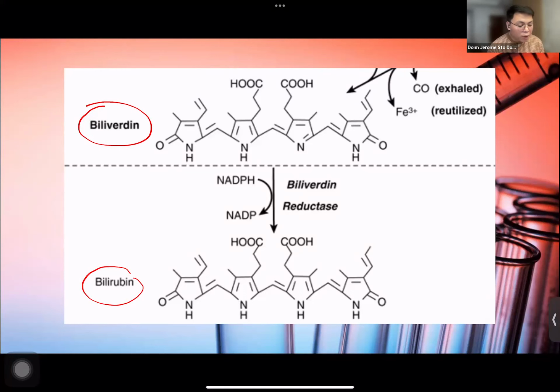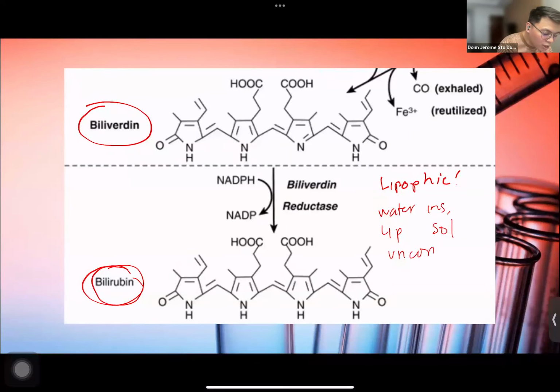Please remember that the initial bilirubin that you produce is a lipophilic molecule. Therefore, the initial bilirubin that we produce comes in several names. It can be water insoluble. It can also be lipid soluble. That's also the same. It can also be called unconjugated bilirubin.